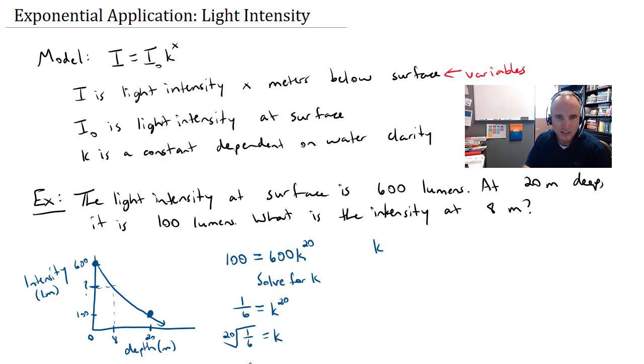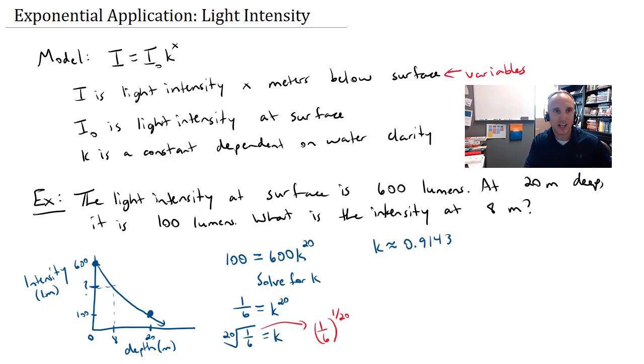So k is approximately 0.9143. And if you can't figure out how to do a 20th root on your calculator, that's the same thing as taking 1/6 to the 1/20th power.